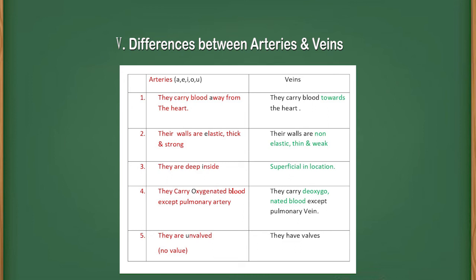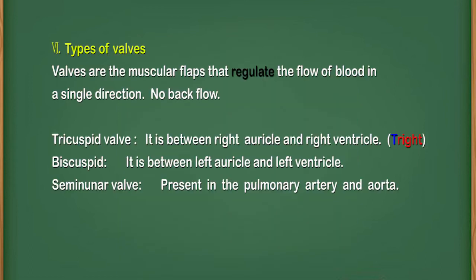So by remembering the vowels A, E, I, O, U, you can write the difference between arteries and veins. Next comes types of valves. What are valves? Valves are the muscular flaps that regulate the flow of blood in a single direction, no backflow. Then what are the valves? Tricuspid, bicuspid, semilunar. To remember tricuspid, there is a hint. You remember right. Then before right, you write T, it will become tri-right.